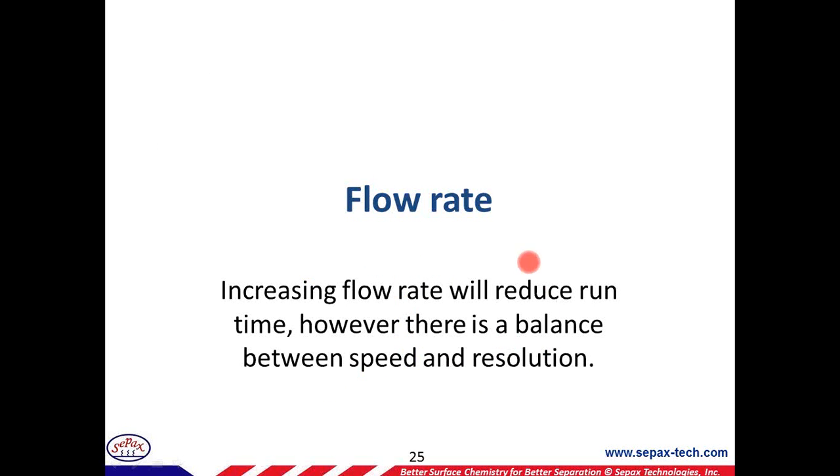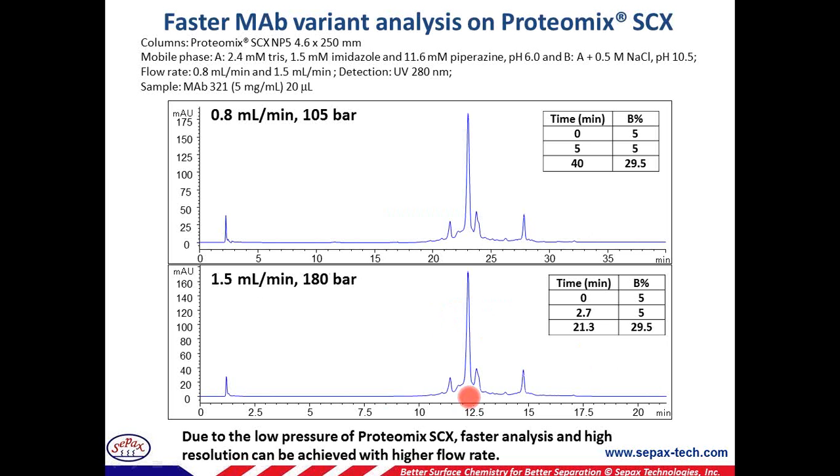All right, so now we move on to the flow rate. The general thinking is that increasing flow rate will reduce the runtime, but you cannot increase it forever. You have to consider the column back pressure and also the resolution, because resolution is the key here as well. So there's going to be a balance between speed and resolution.